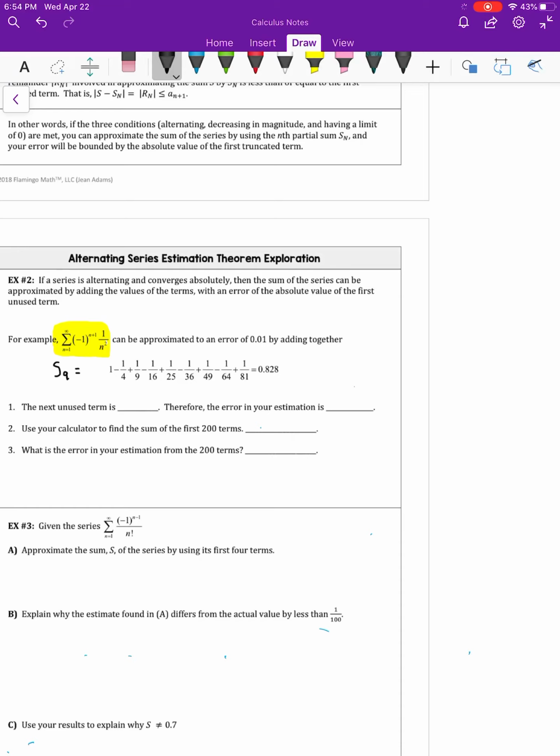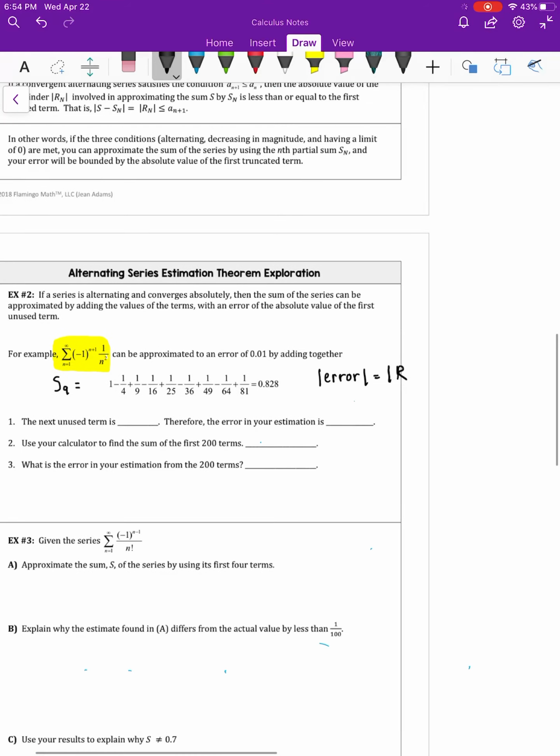Because look, there's 1, 2, 3, 4, 5, 6, 7, 8, 9 terms. That is my 9th partial sum of that series. And what they're saying is we basically truncate it. That means we just stop and chop it off. But we can find the error by looking at the 10th term.